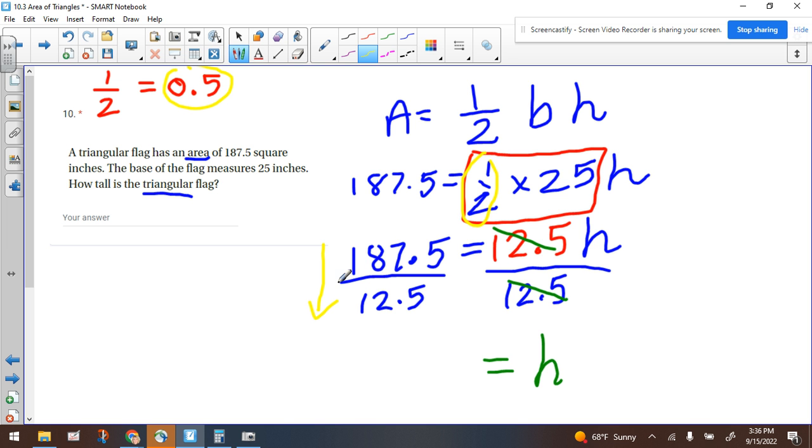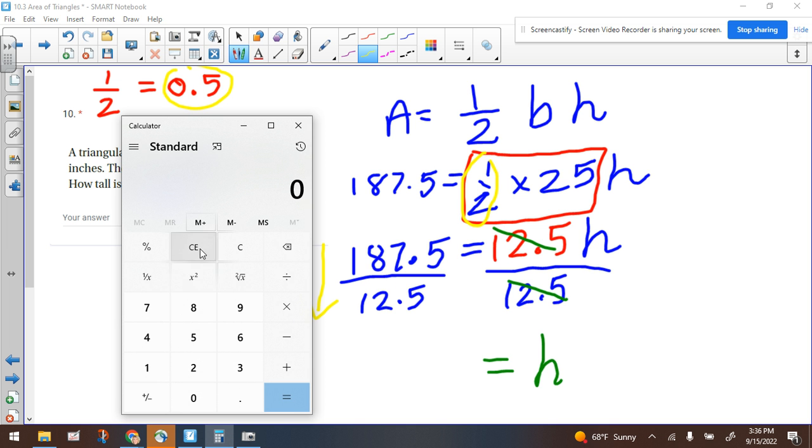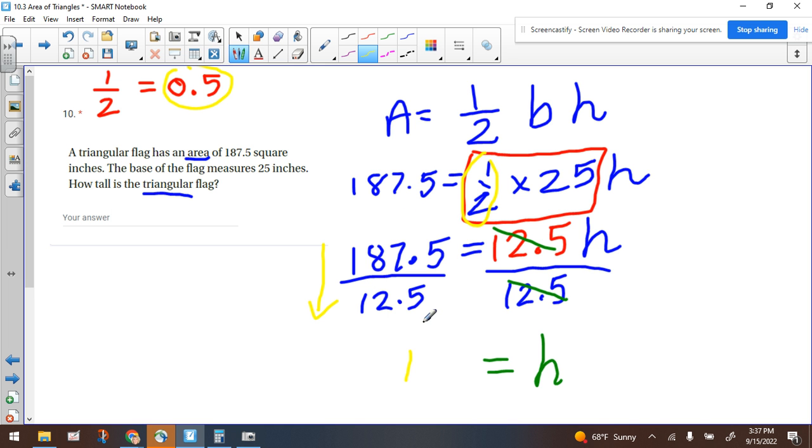This fraction bar means divide, and then you put in this number. All right, so watch. 187 and 5 tenths, divided by, that's what this symbol means, 12 and 5 tenths. So again, that's the number that we just put in the calculator. And then we hit equals, and we get this number. So the height is 15.